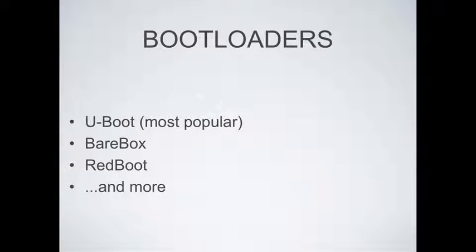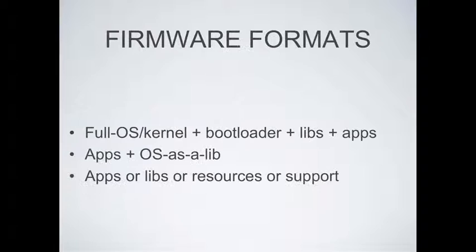And if you're using the eCos operating system, which should have been listed on the previous slide but isn't, I don't have any experience with eCos, but you're more than likely going to be using the RedBoot bootloader. There are other bootloaders out there, but these are the most common that you might come across.